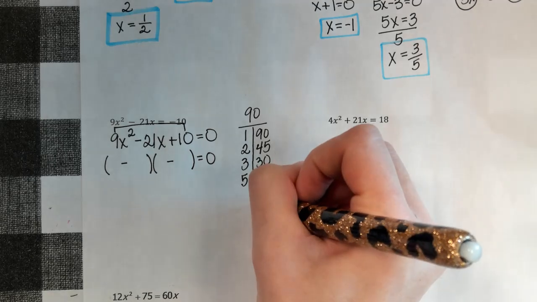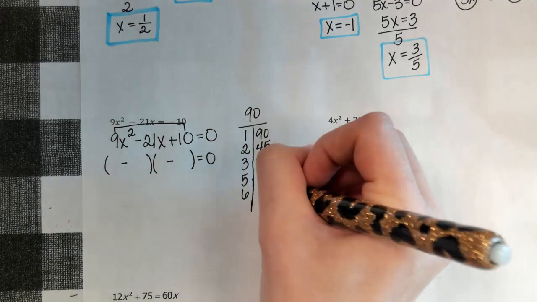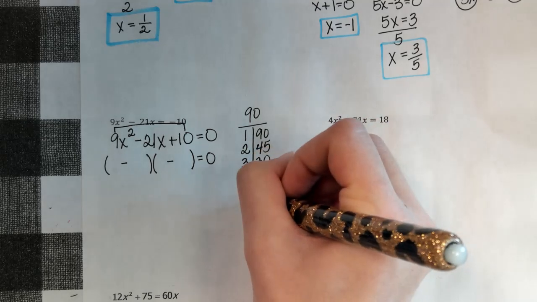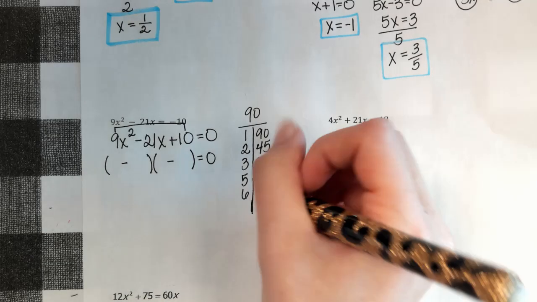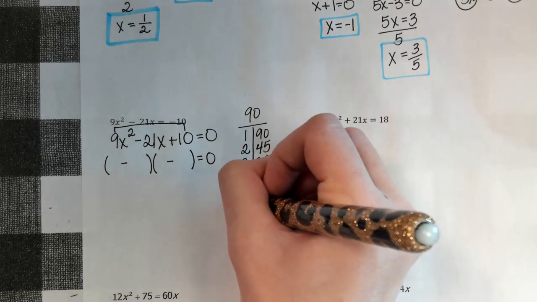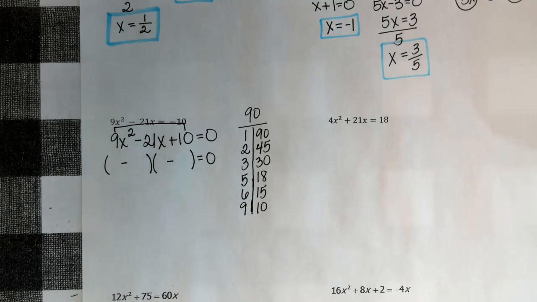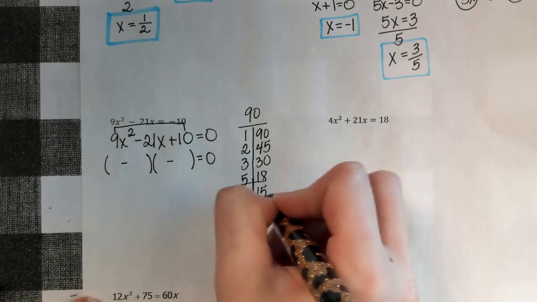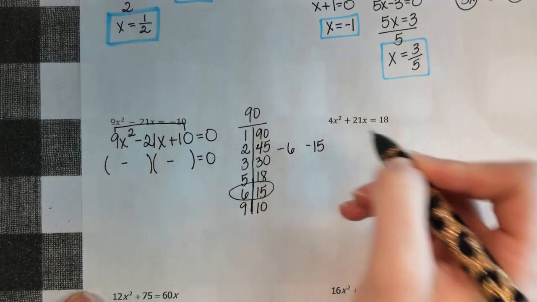Can I divide it by 6? 6 and 15. Can I divide it by 7? Can I divide it by 8? What about 9? Then I would just repeat 10 and 9. Okay. So with that, what combination is going to give me 21? 6 and 15. So a negative 6 and a negative 15. And what do I do with that?